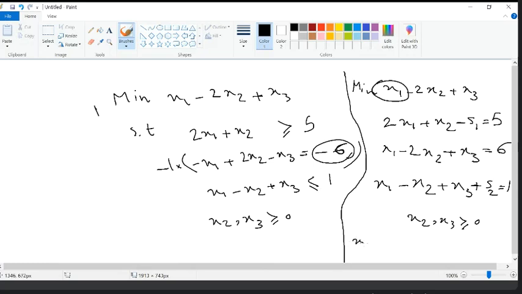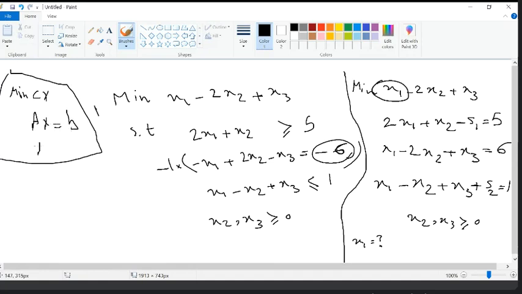x1 is unrestricted. This is not a standard form. A standard form has minimize or maximize cx, subject to Ax equal to b, x greater than or equal to 0. But x1 is not greater than or equal to 0.